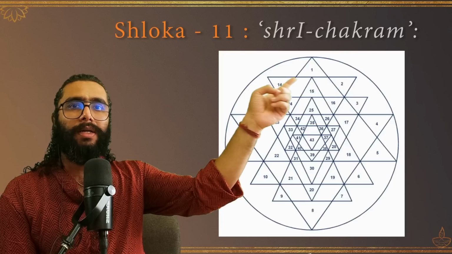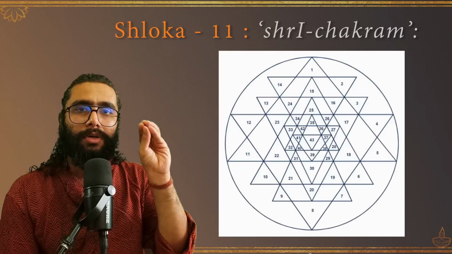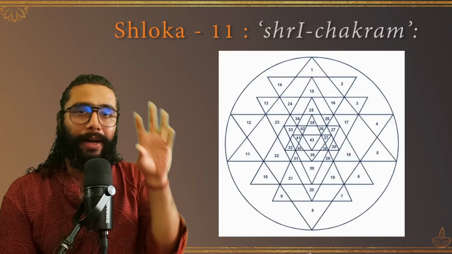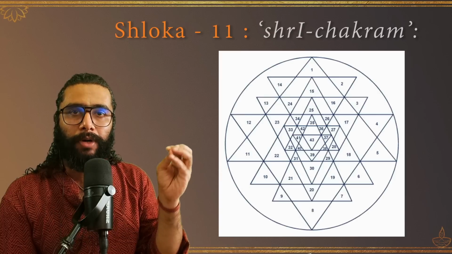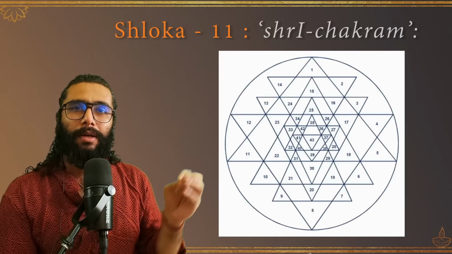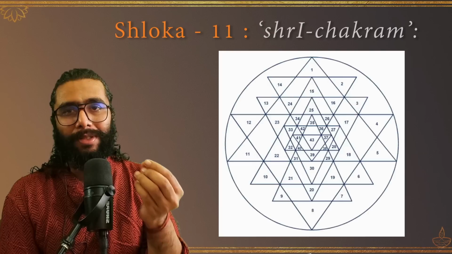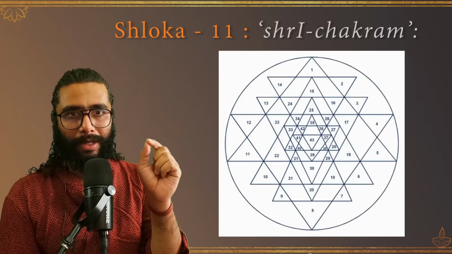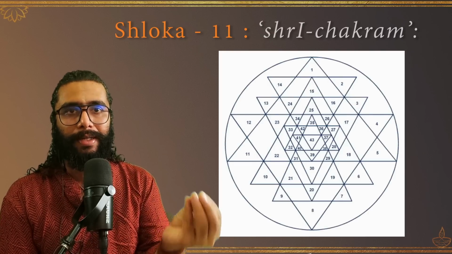You see, starting there, going clockwise, each individual triangle that has been formed by an intersection of these 4 upward and 5 downward moving triangles has resulted in 43 unique triangles, and of course there is the bindu, 44, including the source of energy at the center.